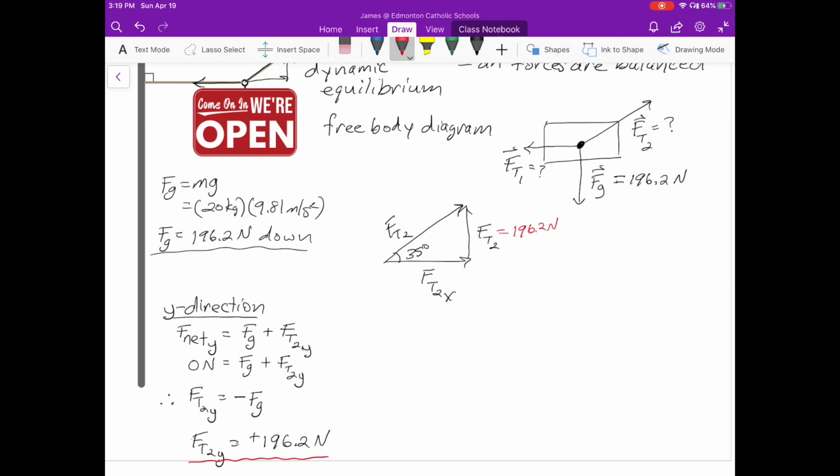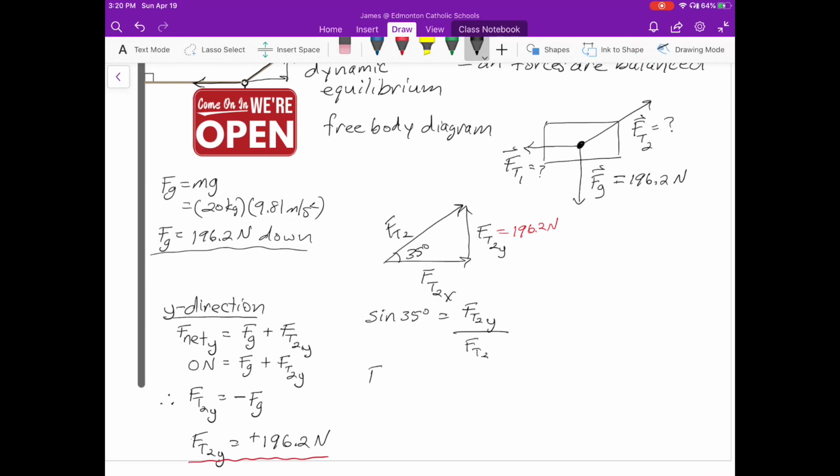Okay, well, notice now for our diagram there for FT2, we've got our angle of 35 degrees and we've got the opposite, and you want to find the hypotenuse. So opposite and hypotenuse is sine. So the sine of 35 degrees, opposite is the y component, FT2y, divided by FT2.